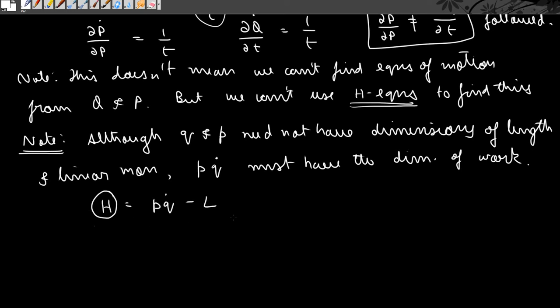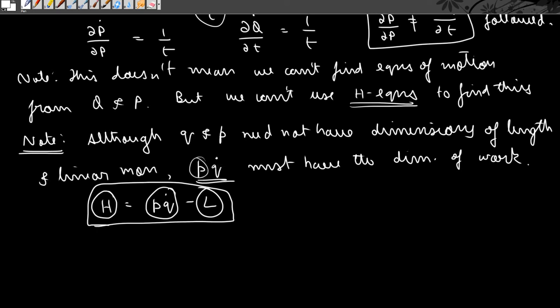And this equation is dimensionally correct only if all of these individual quantities have the same dimensions. That is the reason why PQ̇, no matter what the dimensions of P and Q individually, should have the dimension of work.